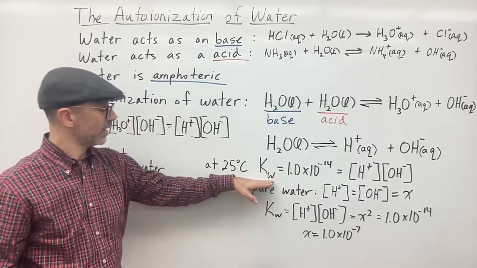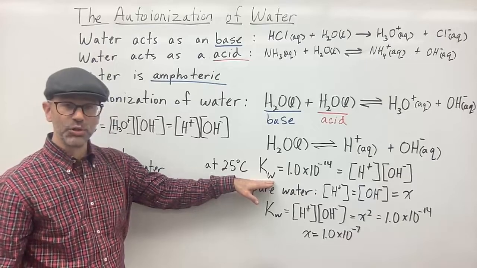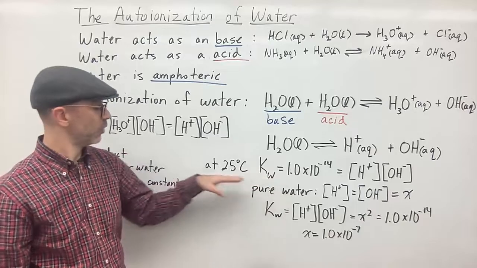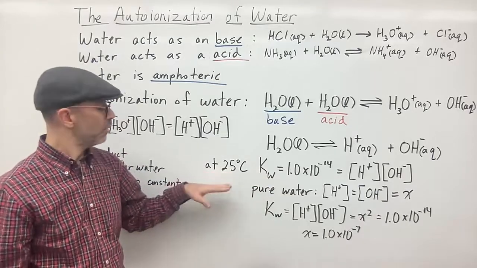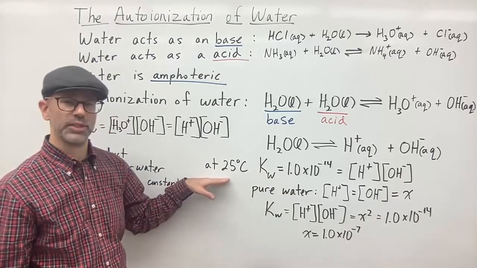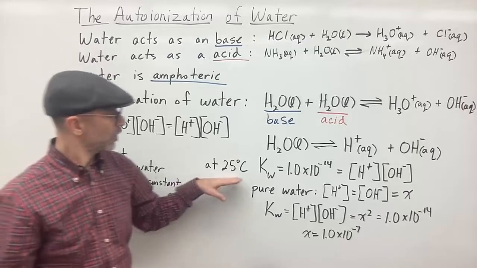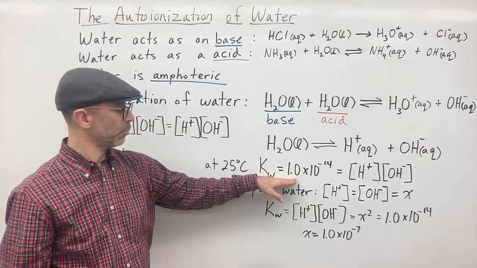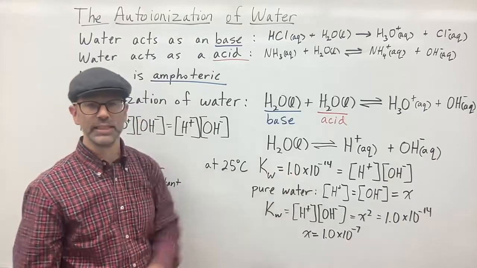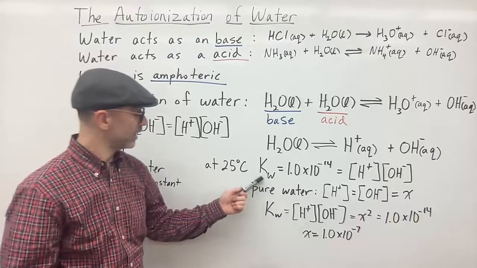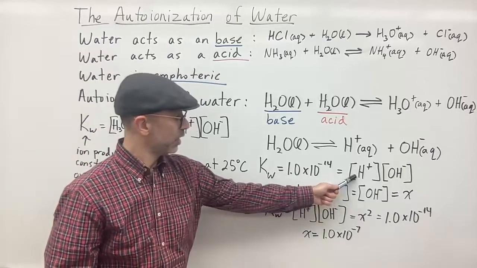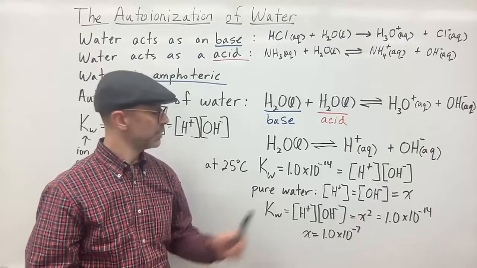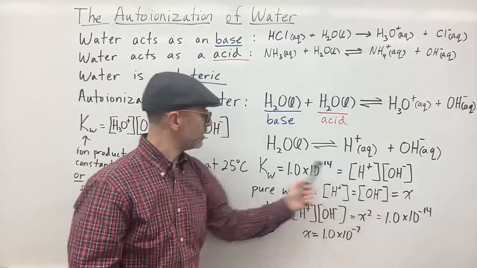And so we can figure out the Kw for the autoionization of water at 25 degrees, or at any temperature. But since room temperature is typically 25 degrees, we know that water at 25 degrees is going to have a Kw of 1.0 times 10 to the negative 14. Because we know that Kw is equal to the H plus concentration multiplied by the OH minus concentration, we multiply those together.